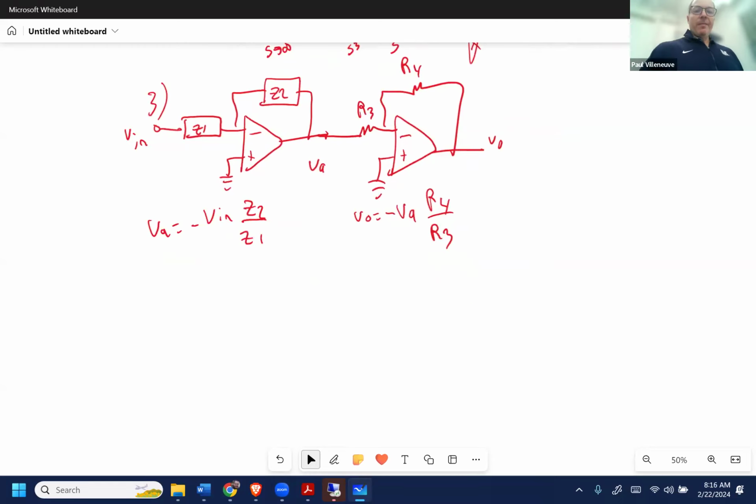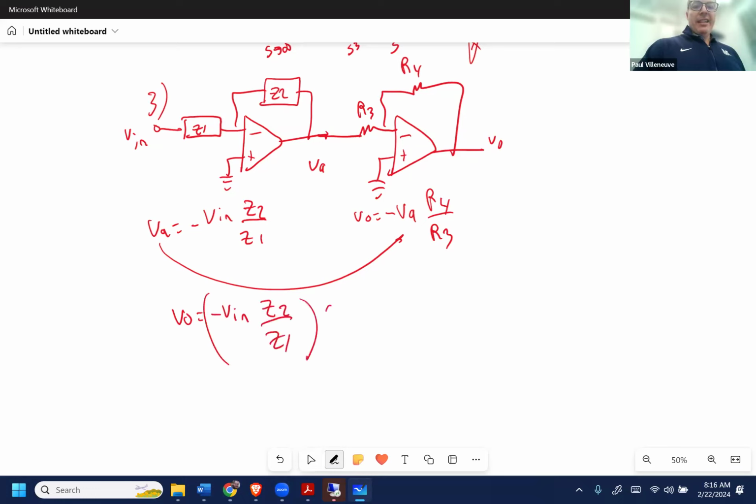So now I want to get V out over V in, so I have to stuff that in there. V out is going to be equal to minus V in times Z2 over Z1. All of that is times minus RF, R4, over R3.